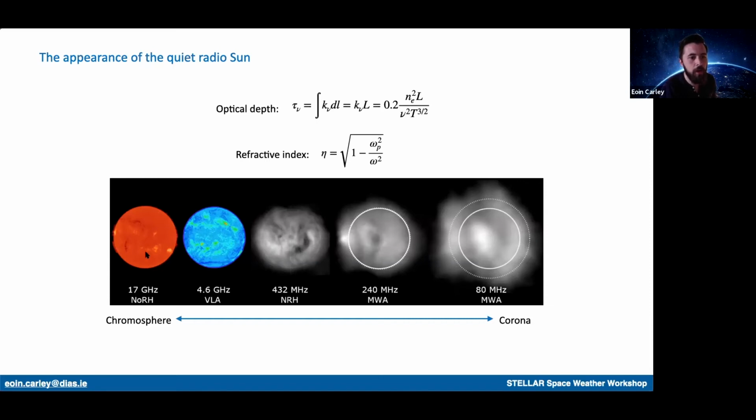So at 17 gigahertz, you image the chromosphere and any filaments, and out at 80 megahertz, you image the corona and it's quite large. The refractive index also tells you that it's non-unity, meaning phase speed of radio waves change as they propagate through the corona, meaning they bounce and they scatter and they wash out any fine scale structure.